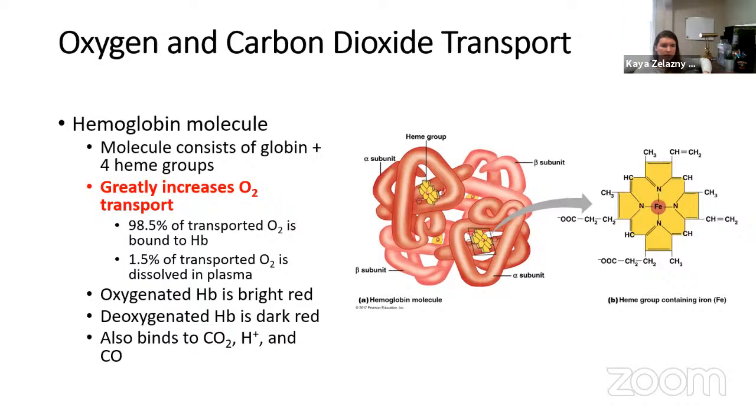Hemoglobin with oxygen bound to it is bright red, and hemoglobin with oxygen not bound to it is dark red. So this is part of why if you see people bleeding, it may look different colors if they've cut an artery versus if they've cut a vein. All right. Usually you don't want to see arterial blood because it's moving quickly, it's under high pressure.